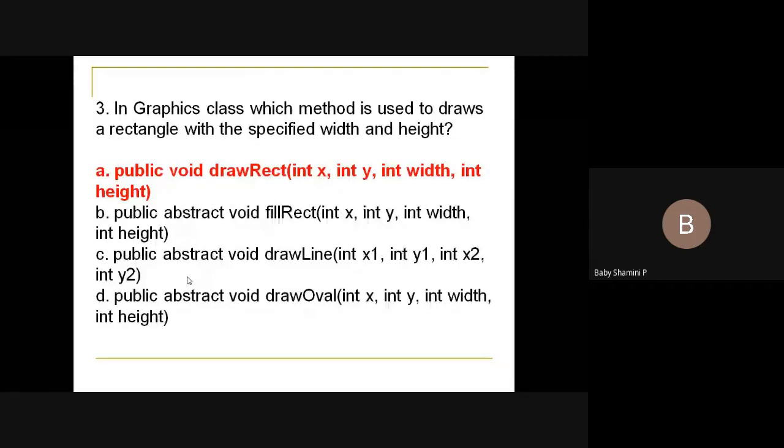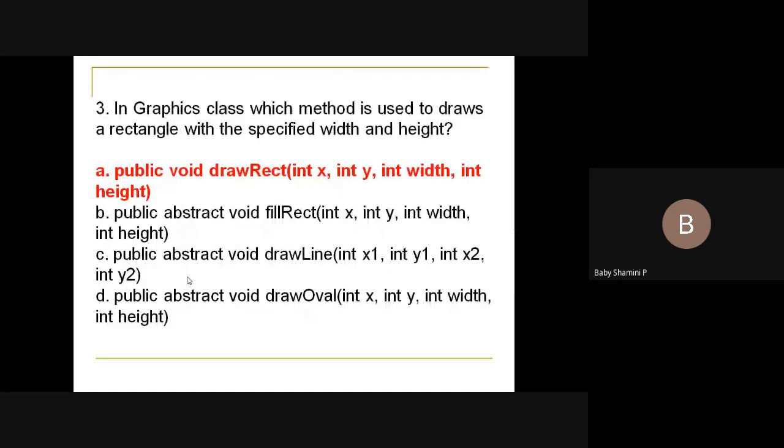The third one is for drawing a line, and the fourth one is for drawing an oval. So to draw a rectangle, we use public void draw rectangle with int x, int y, int width, and int height. That is the correct answer.